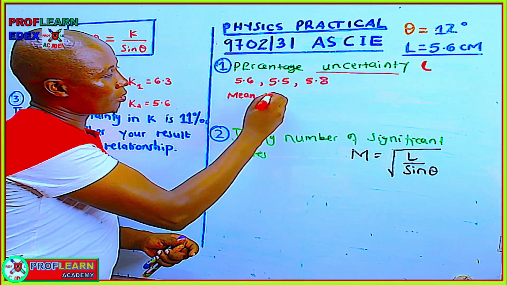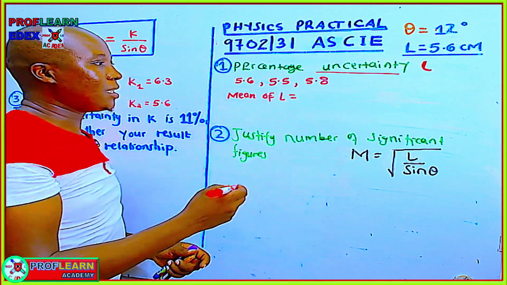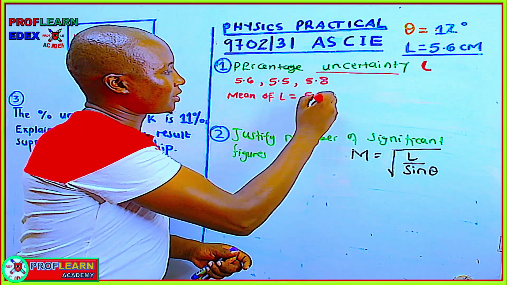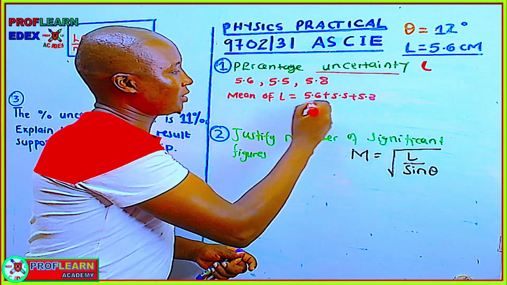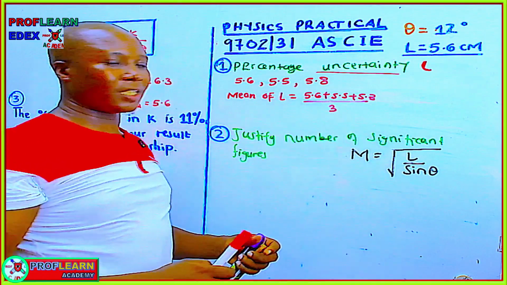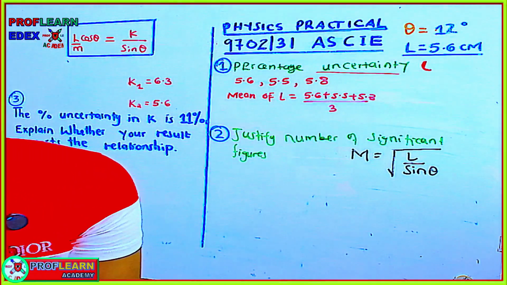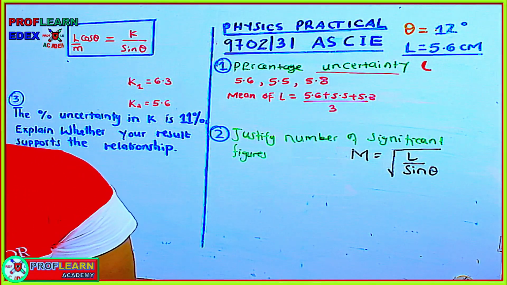Mean of L. And the mean is 5.6 plus 5.5 plus 5.8 divided by the 3 that you have there. Let's just work it out together.